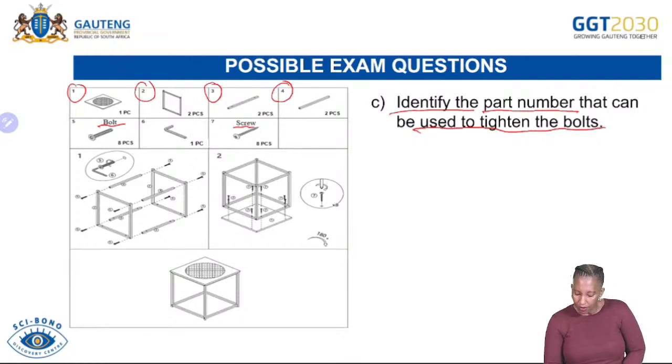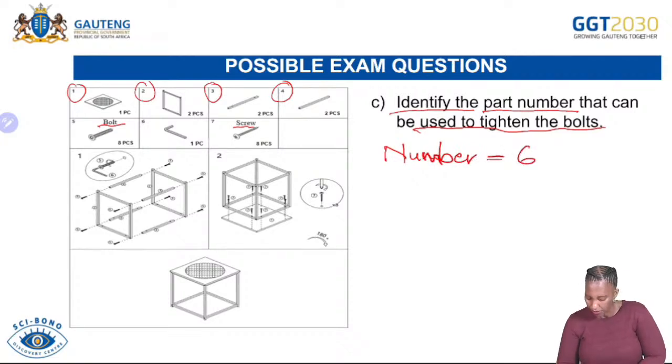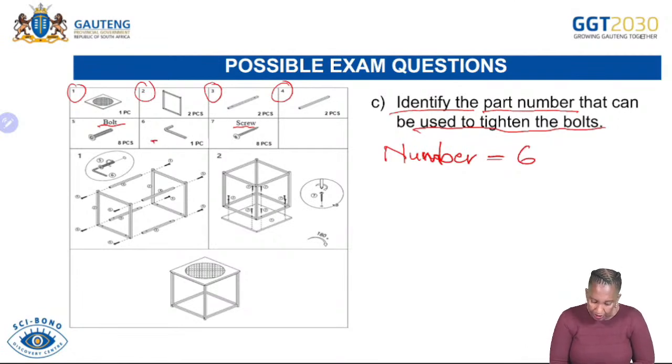So it means if a question says identify the part number, here they don't say name, but they say identify the part number that can be used to tighten the bolt. The part number will be number 6. That is our correct answer. Part number 6 is the only part that we use.